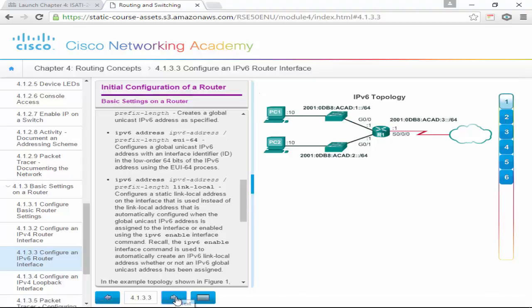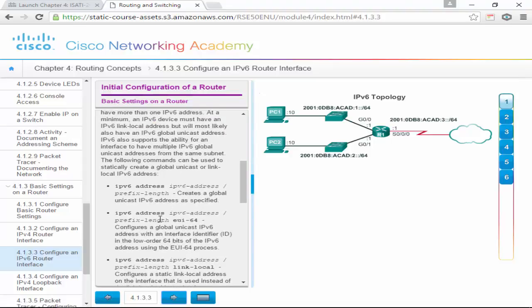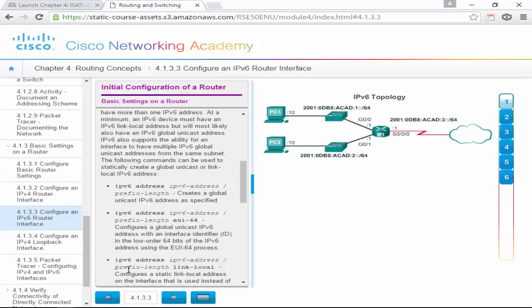Another one that we could set if we want to just have it self-generate is the EUI64, which configures a global unicast IP version 6 address with an interface identifier in the low order 64 bits of the IP version 6 using the EUI64 process, which is basically taking the MAC address, splitting it in half, and putting some E's in the middle of it.